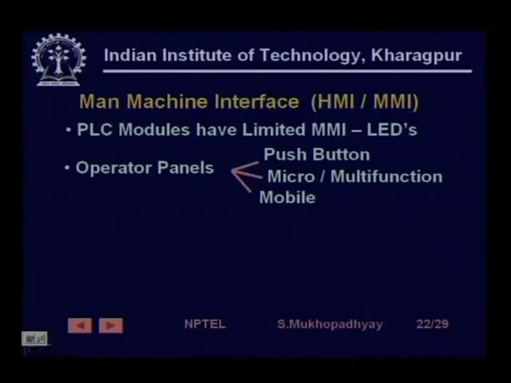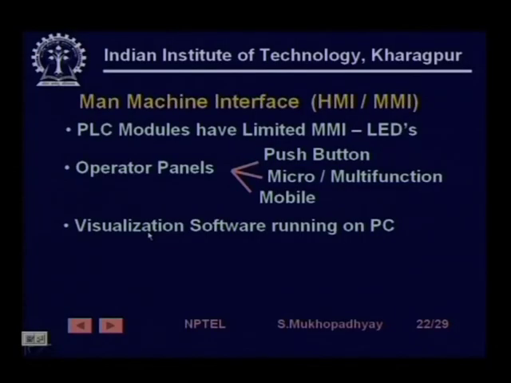But if you want to visualize, if you want to monitor what's happening to the various variables, if you want to trend them, show it nicely to an operator, it is possible through the various man machine interface elements. So, you can have operator panels by which an operator can give commands to a variety of devices. Some of them may be mobile, it may be push button, joystick, various kinds of multifunction input panels.